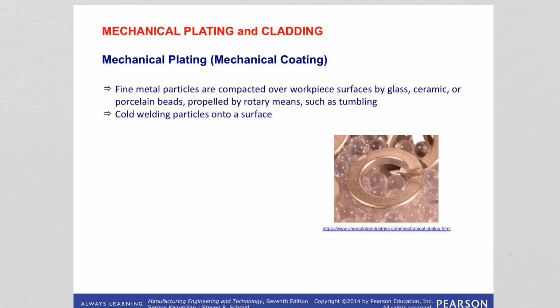So metal particles together with these beads are put in the tumbler. If you watch the videos you can see, and then basically with cold welding the metal particles are welded onto the surface of the part.